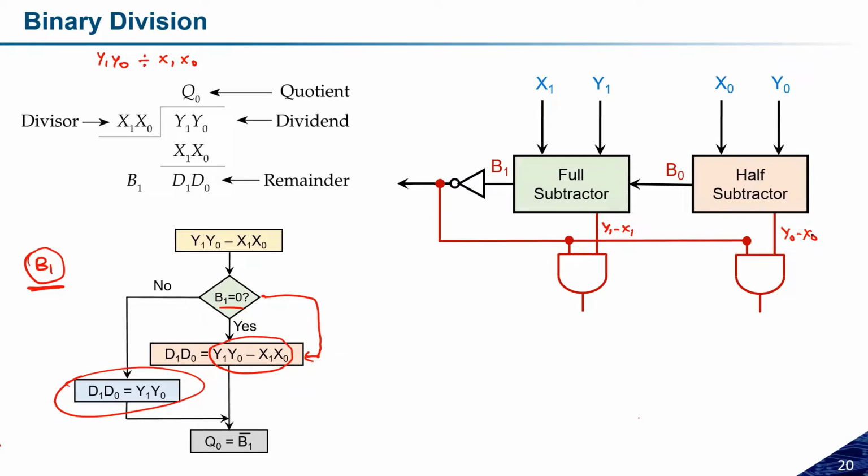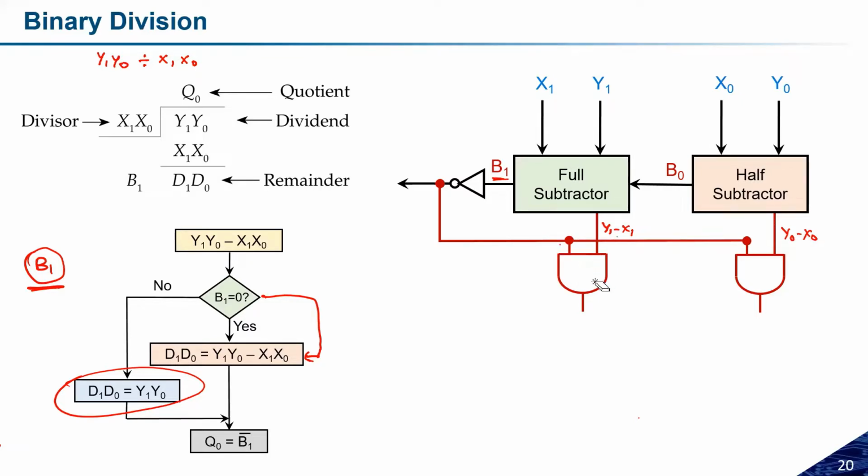This was controlled with the help of b1 complement, because b1 was 0, and in this case we were getting d1 d0 equal to y1 y0 minus x1 x0. That is why we complemented it, because this is an AND gate and this will be by default 1, and whatever logic we have will be passed through this one.